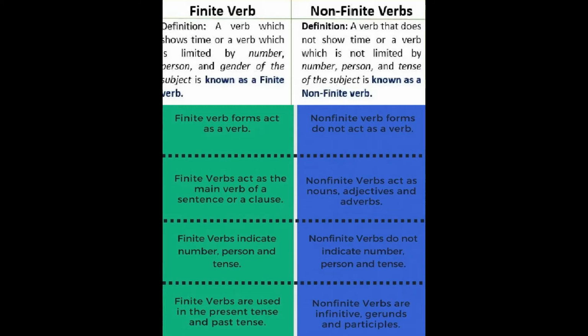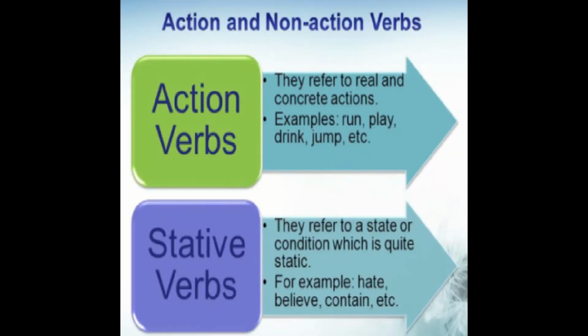Now we are going to see the principal verb is divided into two types: action verbs and non-action verbs, or action verbs and stative verbs. From the word itself, you can understand that action verbs refer to action.